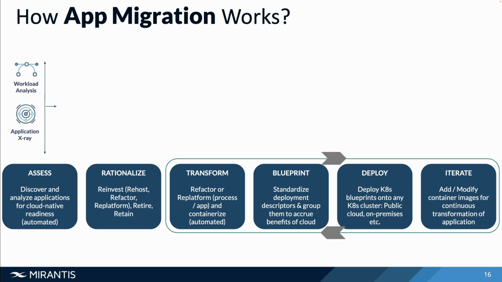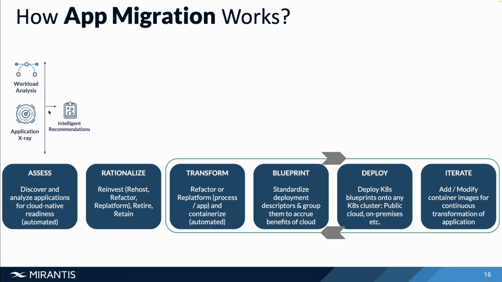Then the next stage is the plan or rationalization. The plan is basically to define which applications will be migrated with priority or less priority using rehost, refactor, or replatform process, or ultimately retire these applications or retain these applications, right? This rationalization is based on recommendations.